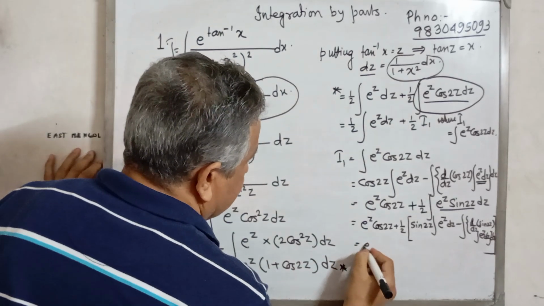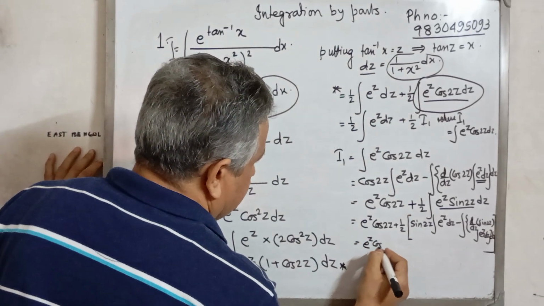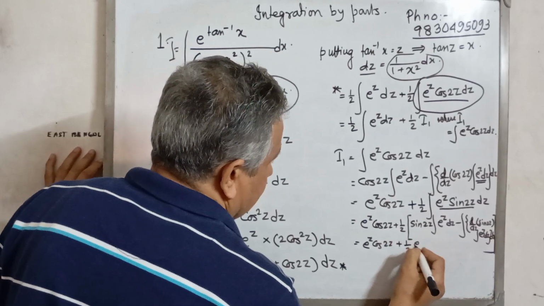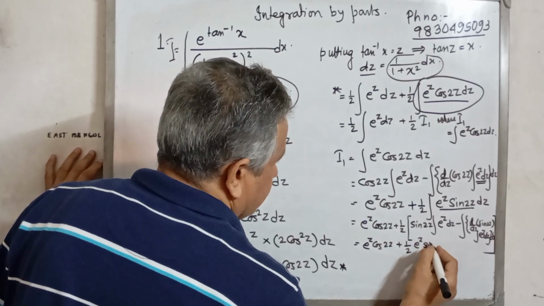Now this is e to the power z cos 2z plus 2 e to the power z sin 2z.